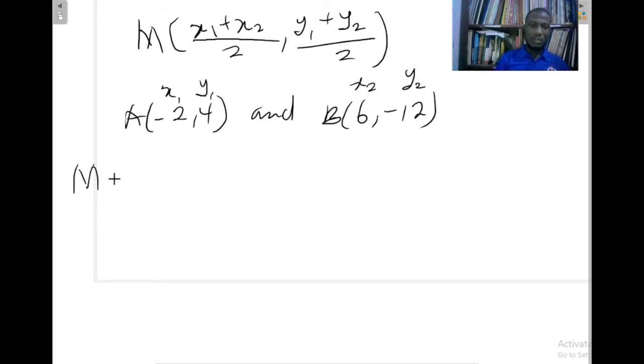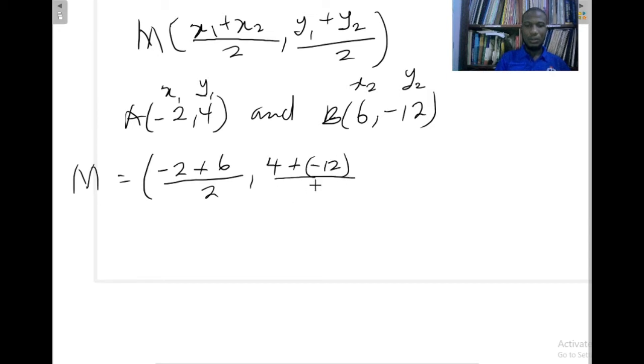So the coordinate of the midpoint is going to be our x1, which is -2, plus x2, which is 6, all over 2, and our y coordinate is going to be y1, which is 4, plus y2, which is -12, all over 2.